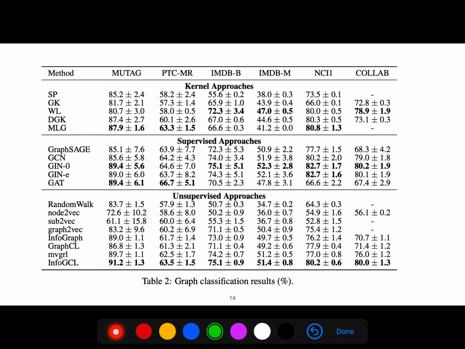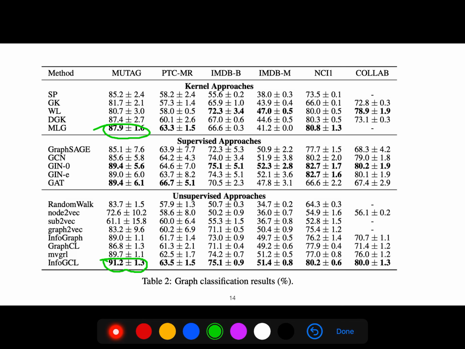They also compared their work with kernel approaches. Look at the graph classification for MUTAG. They have 91%, but the kernel approach is almost the same. It means that kernel approaches are as strong as these methods.